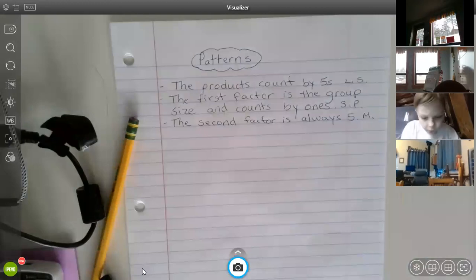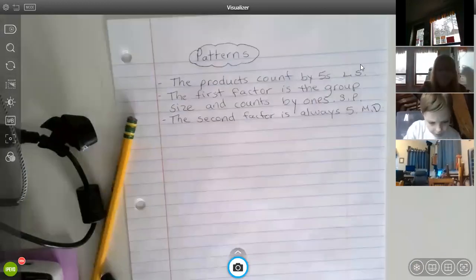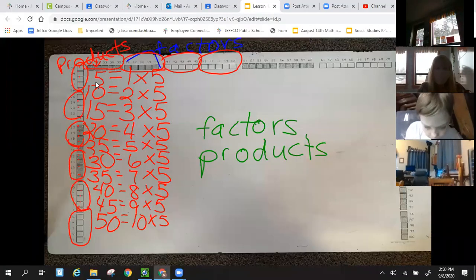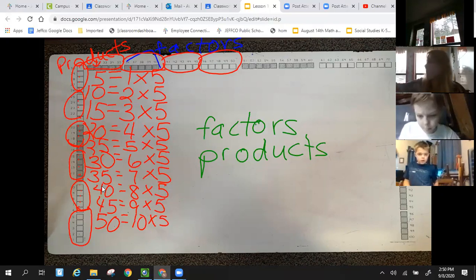Okay, did anybody notice anything else about the products? Let's go back to the products. Let's say them together. 5, 10, 15, 20, 25, 30, 35, 40, 45, 50. Do you see anything interesting there? What do you notice? The products count by 5s. We did say that. Do you see anything else, Serene?